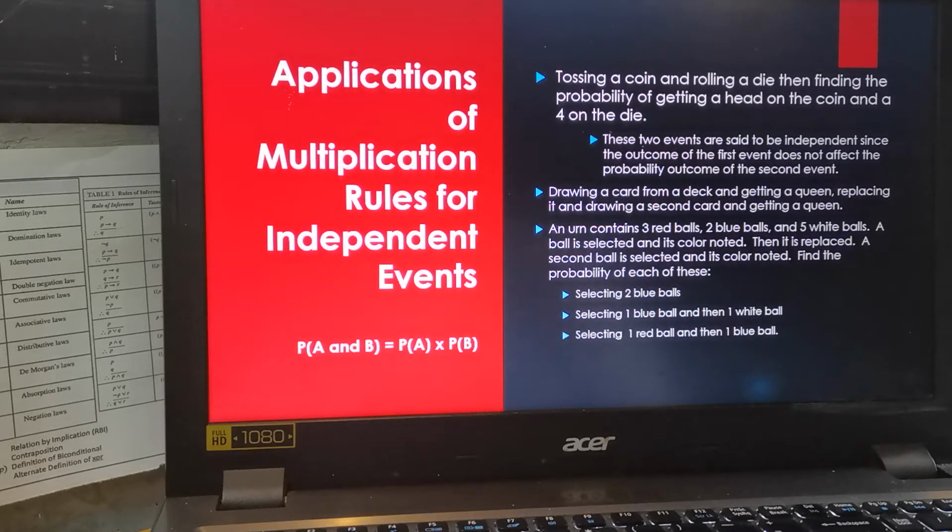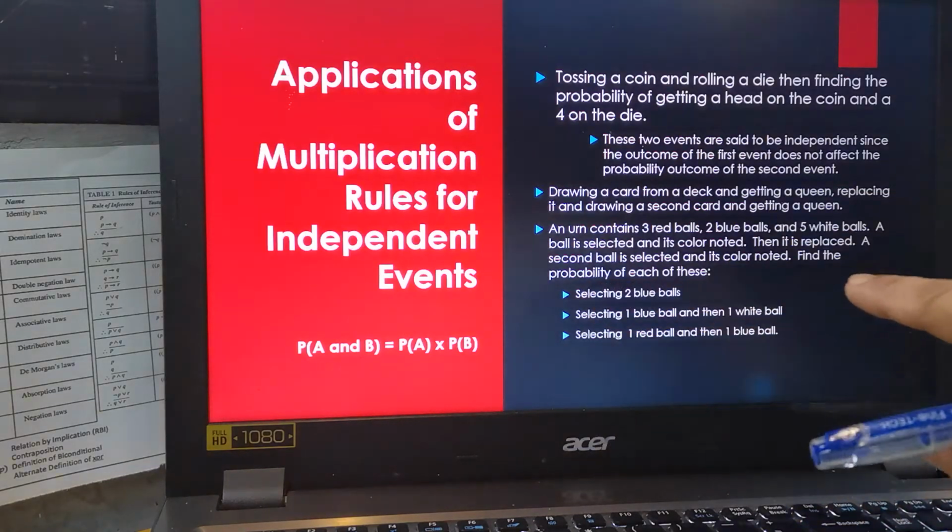Pero yung or natin kanina, nasa outcome yung or natin. Dito kasi ang ini-end natin yung event. Okay, event. Ibig sabihin, dalawang events. Yun kanina, outcome yung ini-end natin or ino-or natin. Ngayon naman, events. So, I hope you are not confused with that.